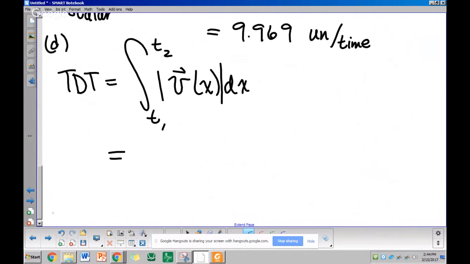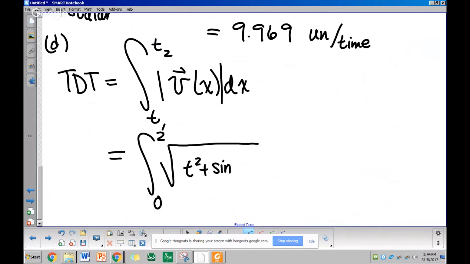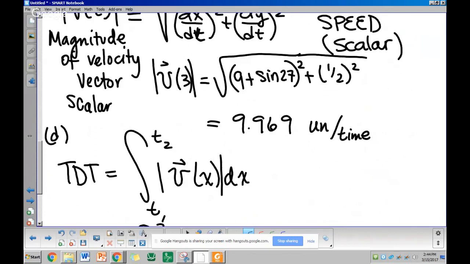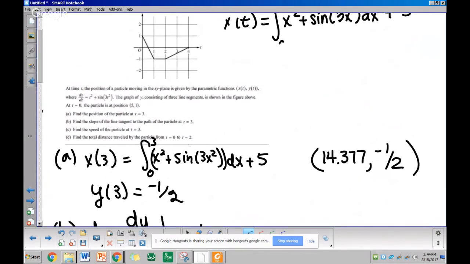What do we do here? The integral from 0 to 2 of the square root of t squared plus sine of 3t squared plus... So we have to do two integrals, don't we?